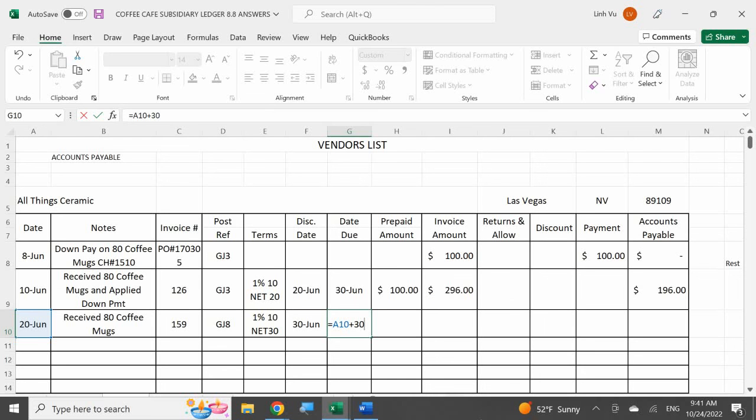Look at the date. You received it on June 20th, right? Right. Count with your fingers. How many days is 30 days from now? It'll be July 20th. Good. Okay. And how much do we owe?